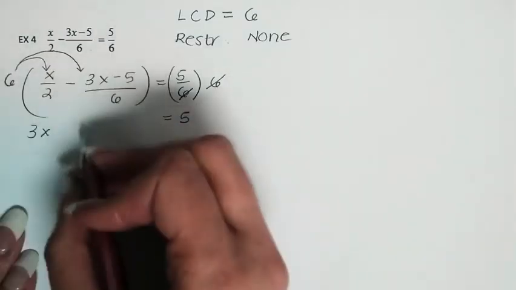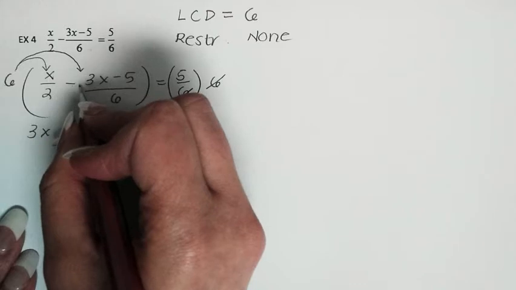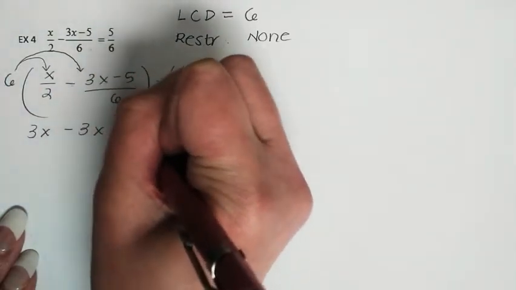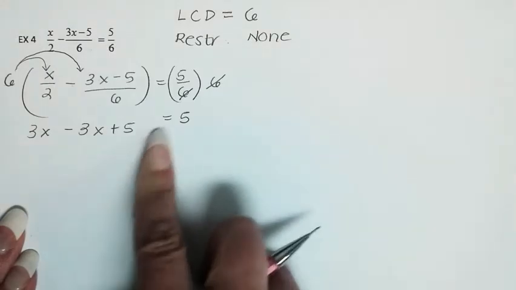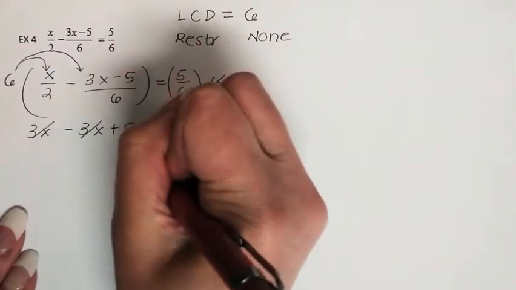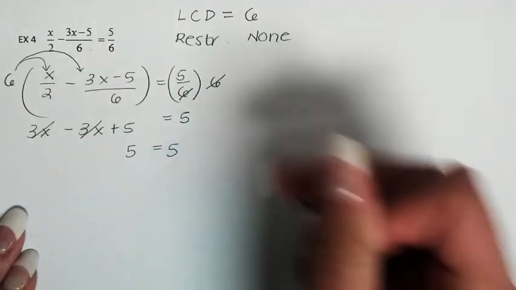The 6 and the 6, they cancel. But then you need to distribute this negative here and here, so you have negative 3x plus 5. And this is going to be equal to the 5 that we have here, so these two cancel, so you have 5 equals 5. This is a true statement.